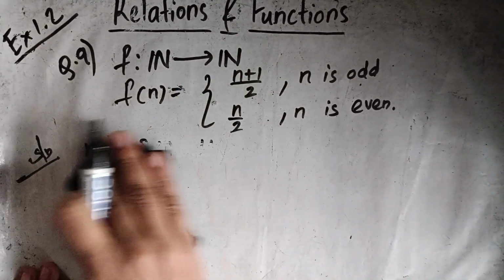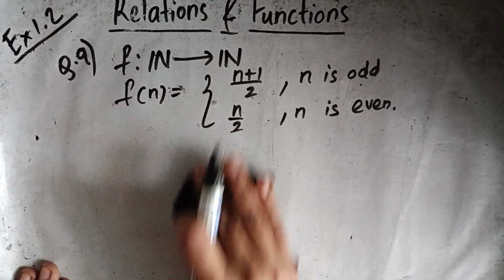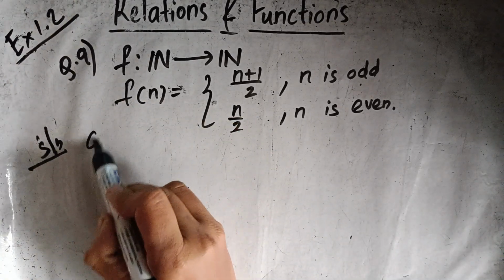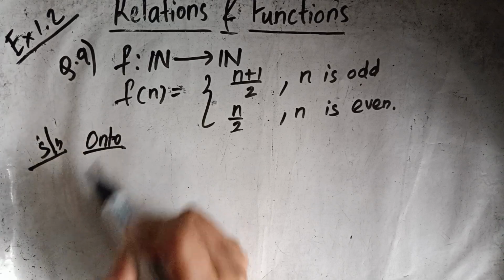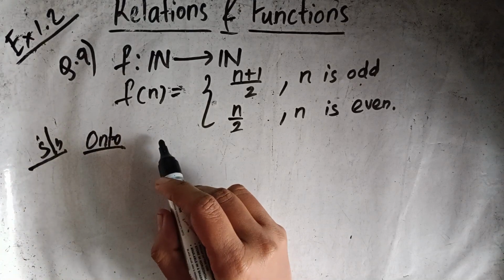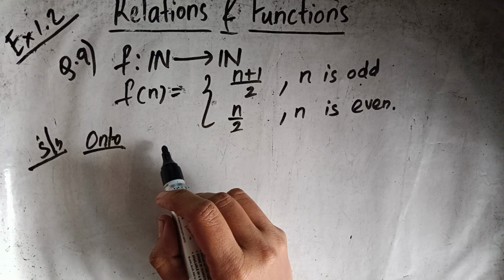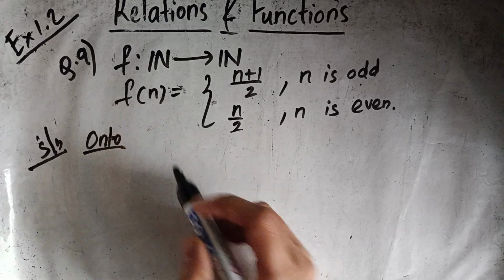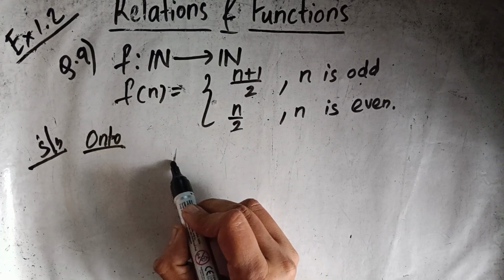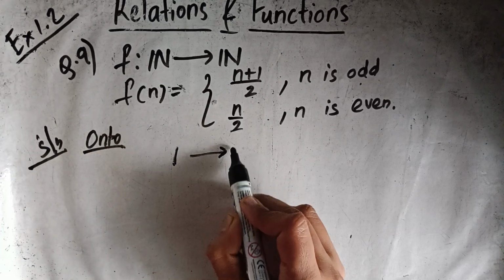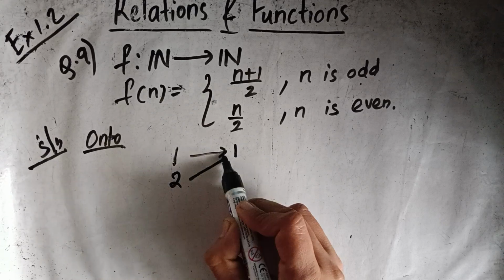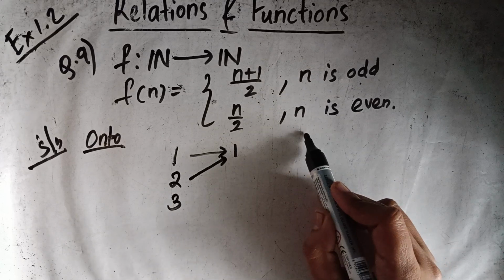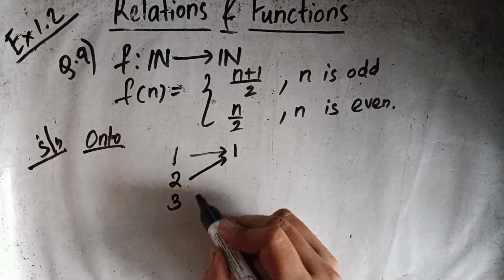Next we have to prove for onto. So we got that 1 is going to 1, 2 is also going to 1. What about 3? 3 is odd, right? 3 plus 1 is 4. 4 by 2 is 2.